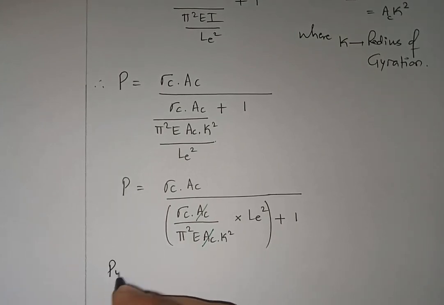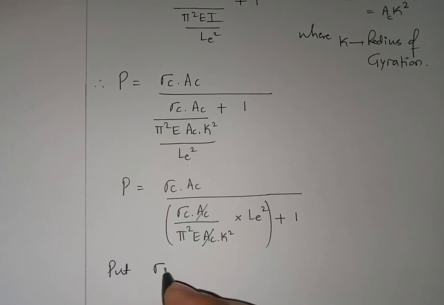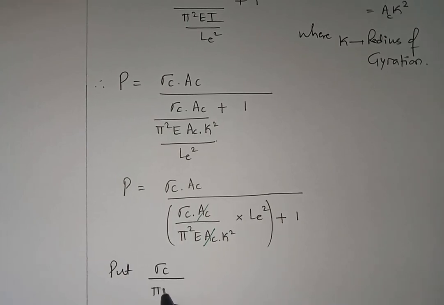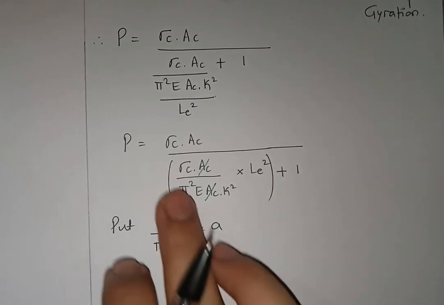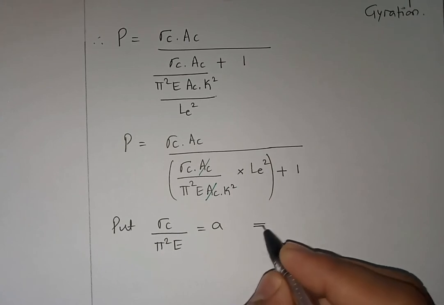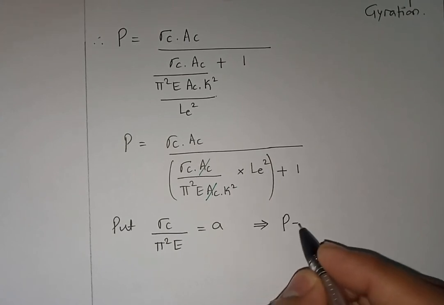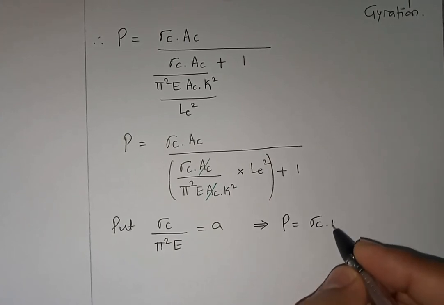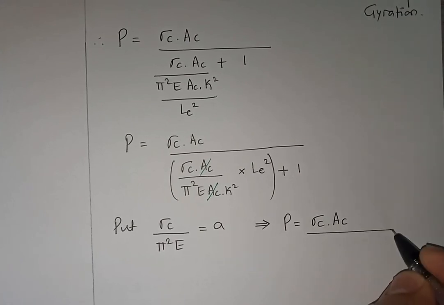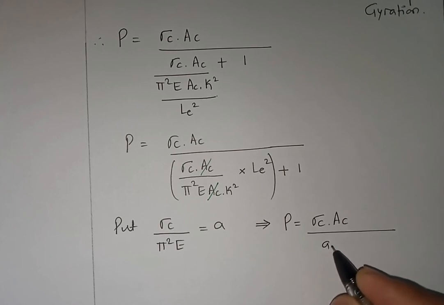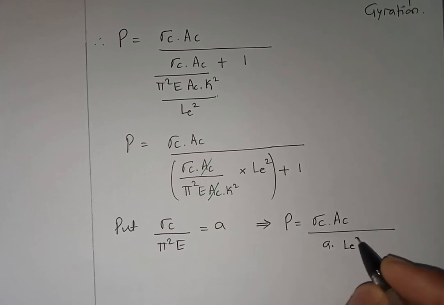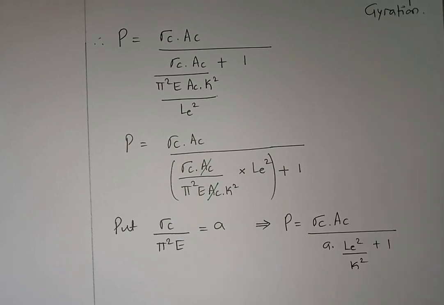After that, to simplify this, I'll put sigma C divided by pi square E is equal to a. If you put this in this equation, it implies that the value of P will be sigma C into AC divided by, with sigma C divided by pi square E being nothing but a, I'll be getting LE square divided by K square plus 1.